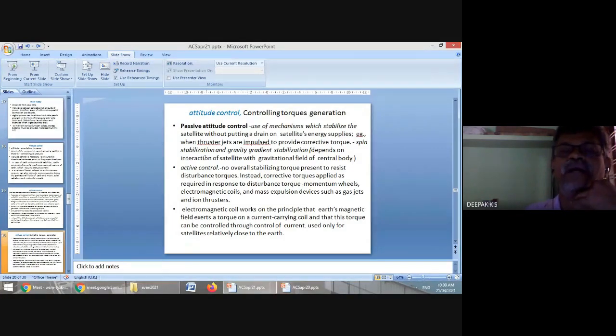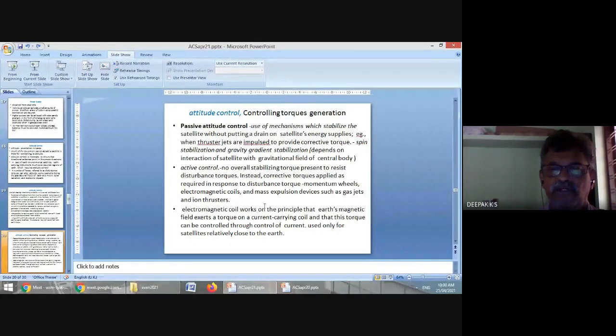These corrective torques are based on momentum wheels, electromagnetic coils, mass expulsion devices such as gas jets, ion thrusters, etc. So these are the corrective methods.